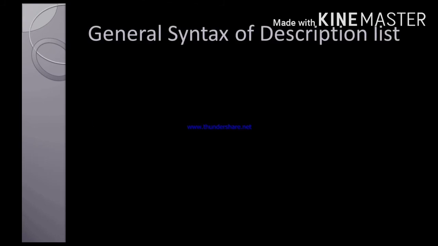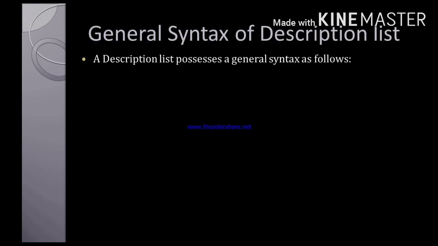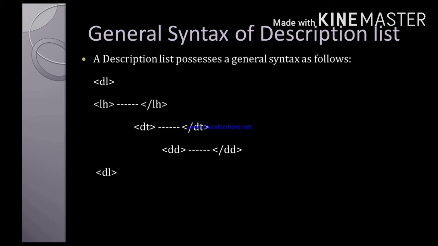The general syntax of a description list is as follows: dl, then lh if we want to give the heading, dt that is definition term, dd that is definition data, and correspondingly we can provide as many dt and dd as per our requirement.